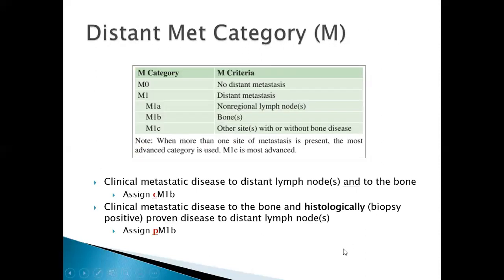Then we have the distant metastatic category, the M. M0 means no distant metastases. Then M1 is once again that umbrella category. Then we have the subcategories: M1A means that non-regional or distant lymph nodes are positive. M1B means there are mets to the bone.